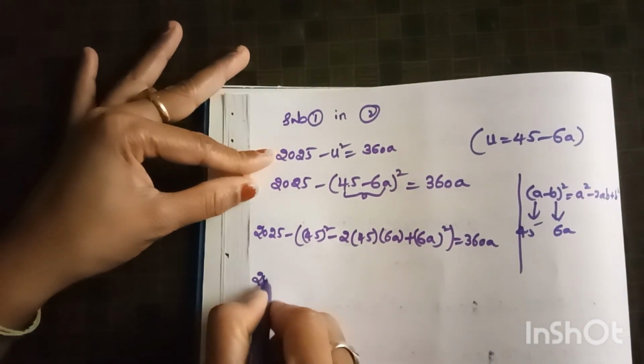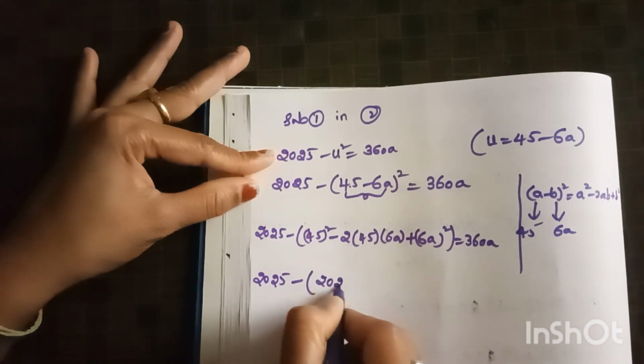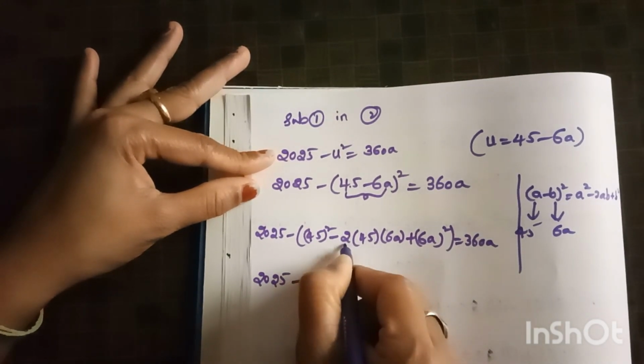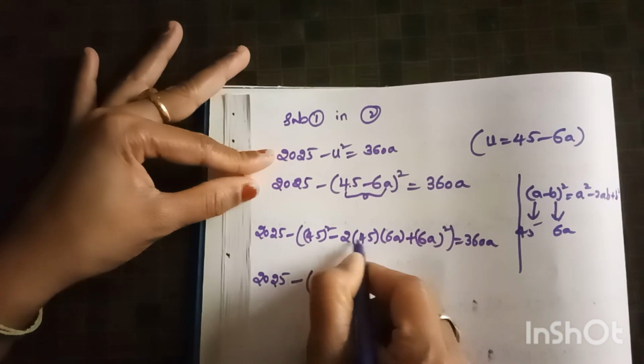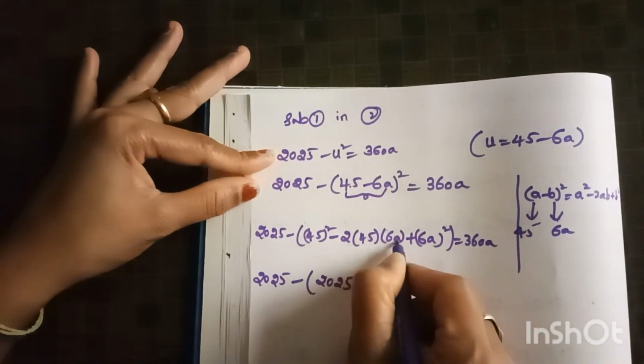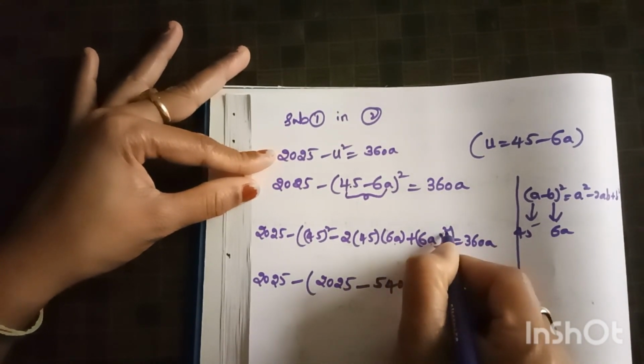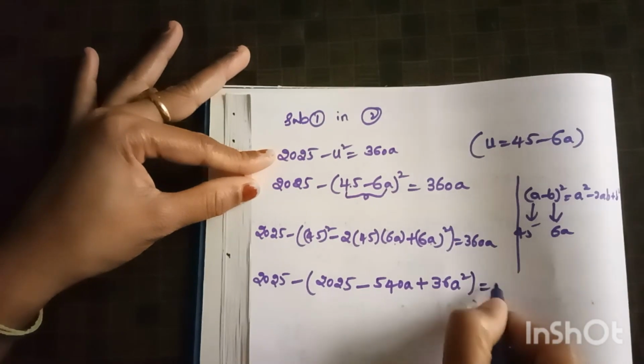So 45 into 45 is 2025, minus 45 into 2 is 90, into 6 is 540a, plus 6 square is 36, a into a is a square, equal to 360a.